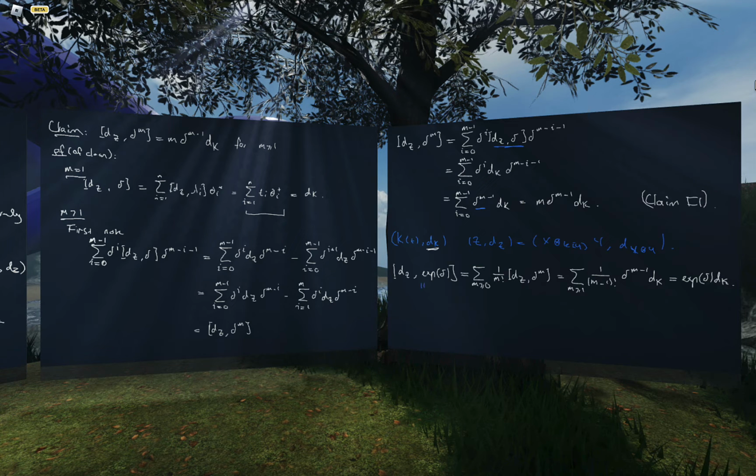Now, this thing here, okay, this is where I need to make sure I get the signs right. This thing here is dz exp of delta minus exp of delta dz.